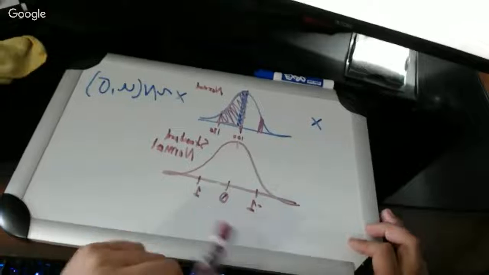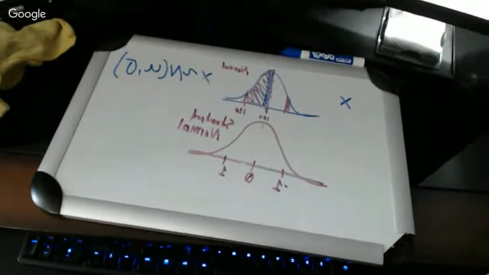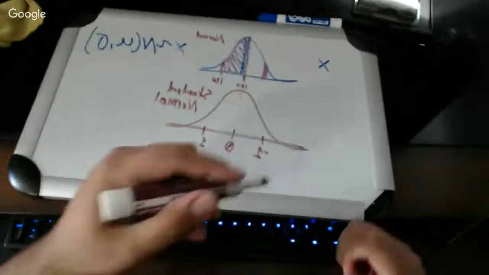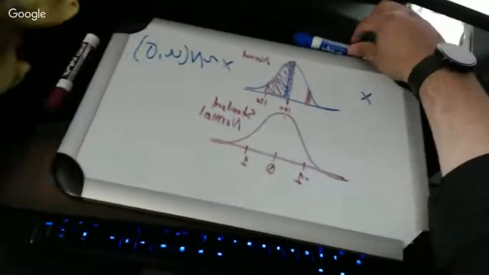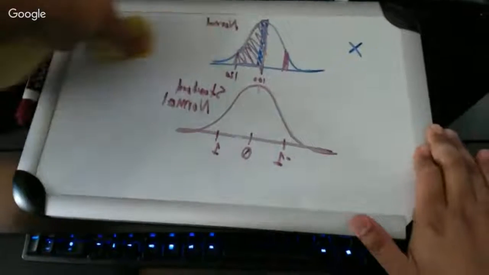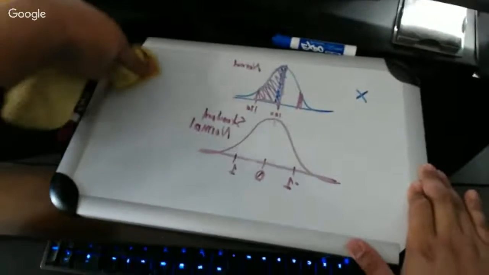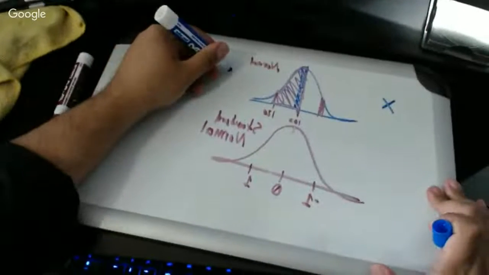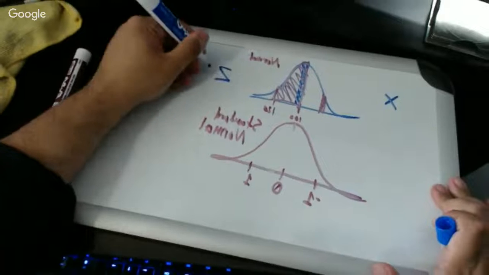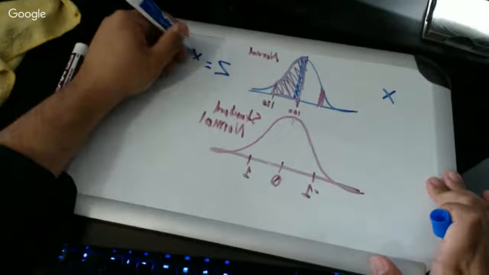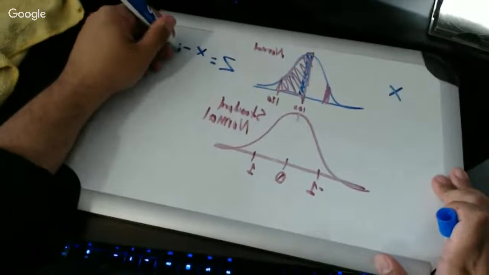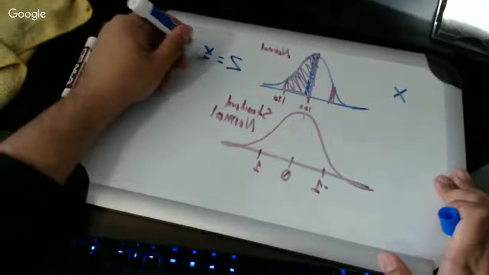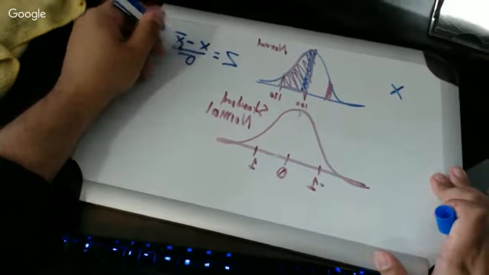So what we're going to do first is turn our x score into a z-score. It's actually really easy to do this. The math is really simple. You just have to know the formula for a z-score. z is equal to some x value minus the center value, over the standard deviation.